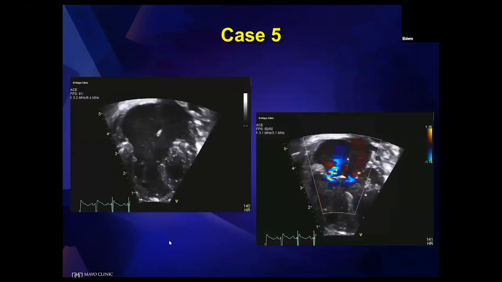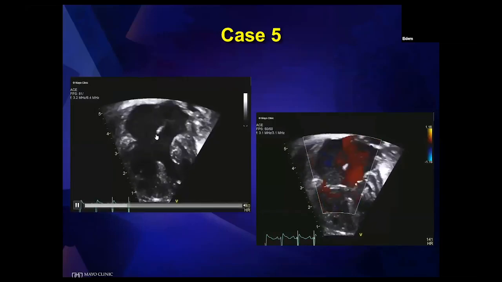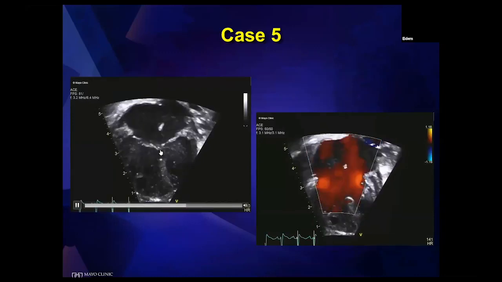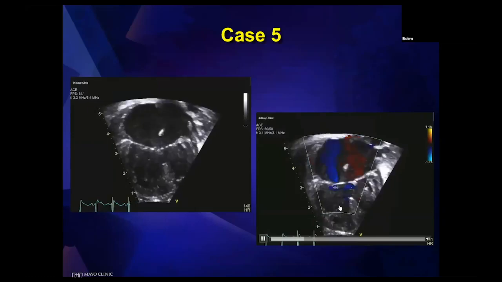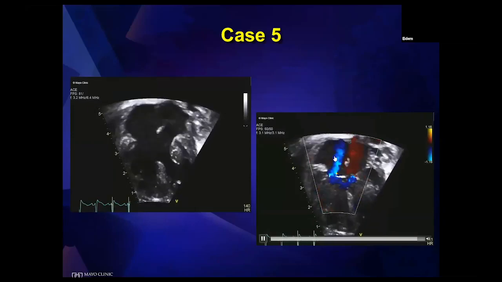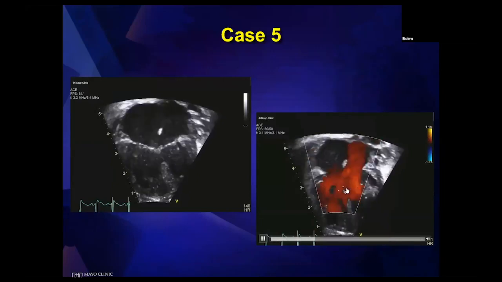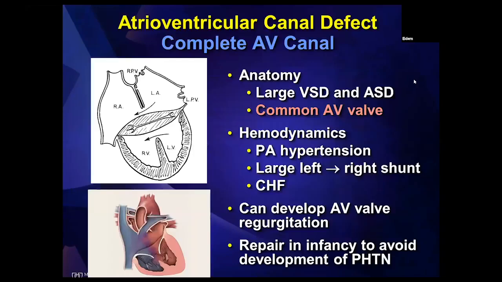And then here's an apical view showing us very nicely the primum ASD, the inlet VSD, the common AV valve, and our right and left ventricular chambers. Here we can see significant regurgitation from the right side of the common valve and multiple smaller jets from the left side of the common AV valve.